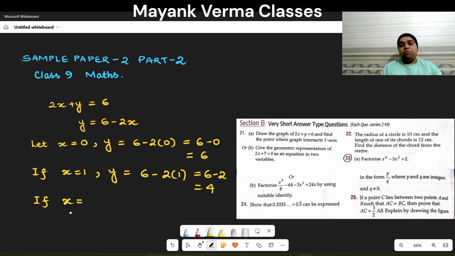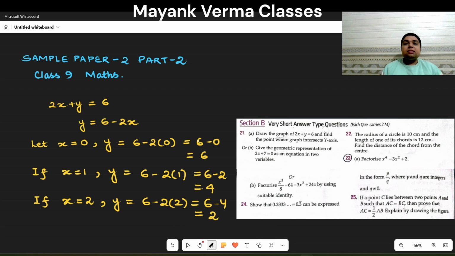Although we only need 2 points, we can also pick 3 points to draw a graph. So x is equal to 2, y is equal to 6 minus 2 times 2, that is 6 minus 4, which is equal to 2.